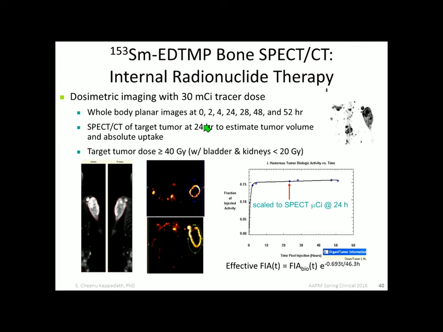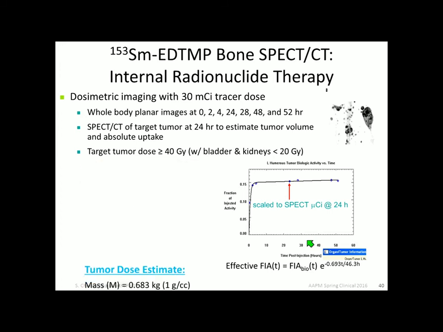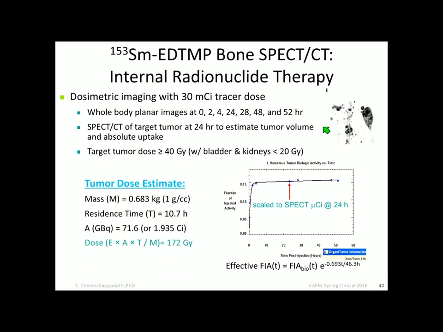We normalize all of the uptake to the SPECT CT scan, because in SPECT we've done all the corrections, but the profile is achieved from the 2D imaging because it's easier to do. So we get the shape from 2D, but the normalization, the absolute value, is based on SPECT CT. Okay, and then we do our planning here, and we can determine our doses.